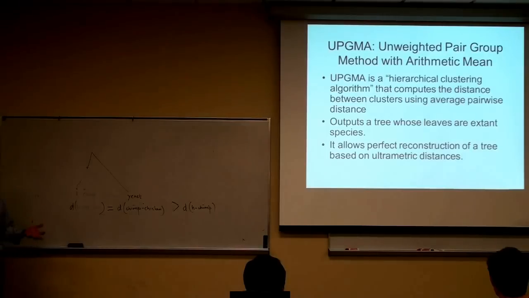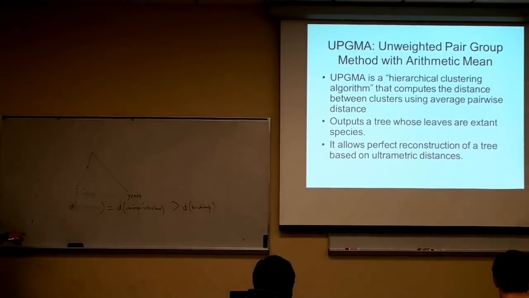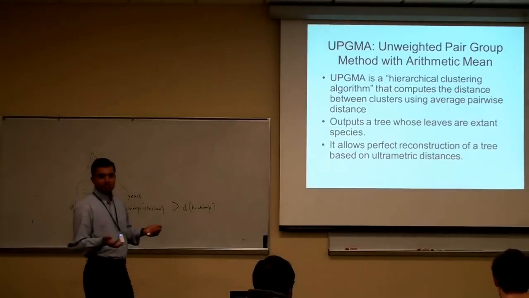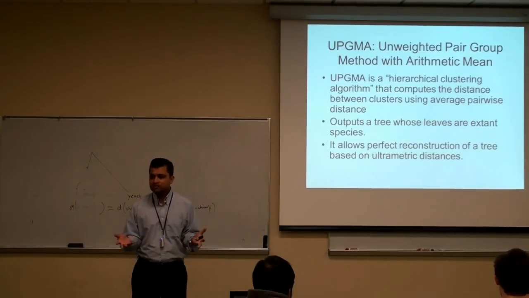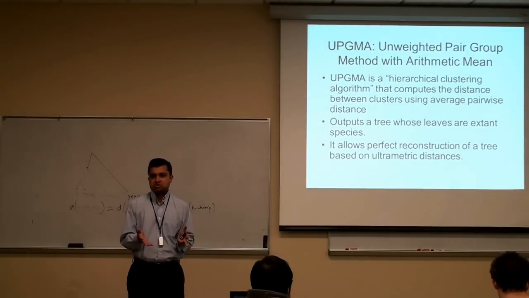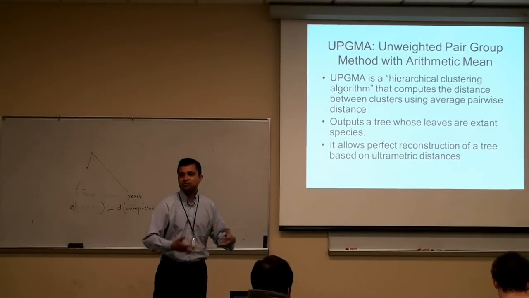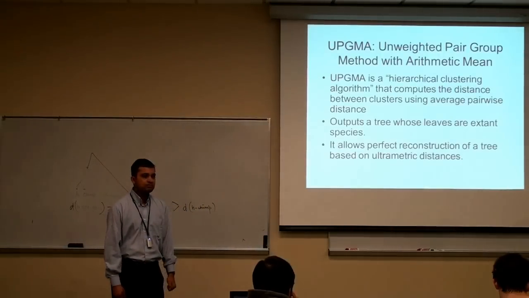Which I had promised exists, based on the previous slide statements, and that's the tree that this will find. But it'll work for any distance matrix, ultrametric or not. It'll do something, right? It's just that if the matrix is not ultrametric, the output will not exactly match the distance matrix. But it'll produce something.